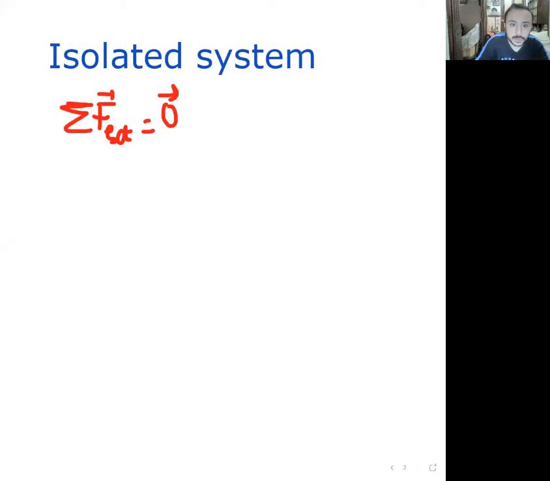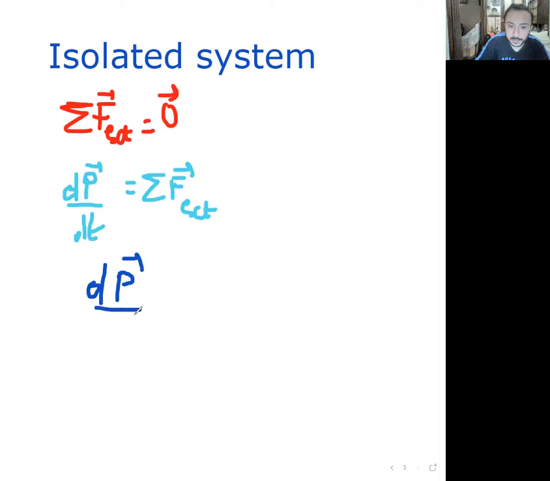But we also know that dp over dt is equal to this. So it means that dp over dt is equal to 0 because this is 0.